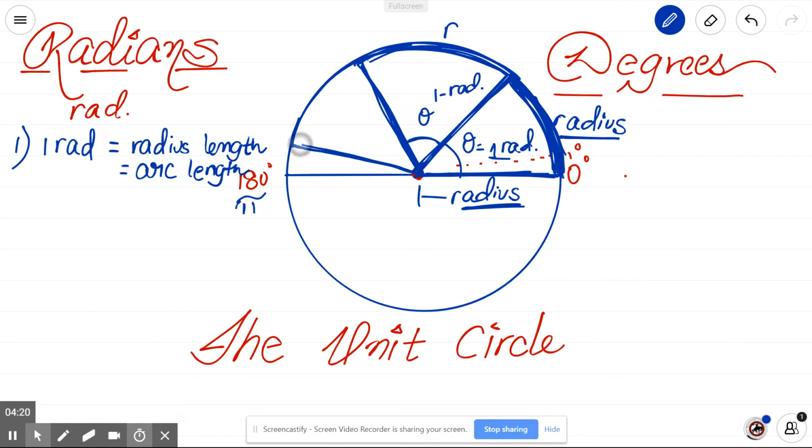So what happens is, students, that I can have a maximum of 3 radius lengths subtended as the arc length and a little bit more. So that is actually the definition of pi. So I'm looking at 1, 2, 3.